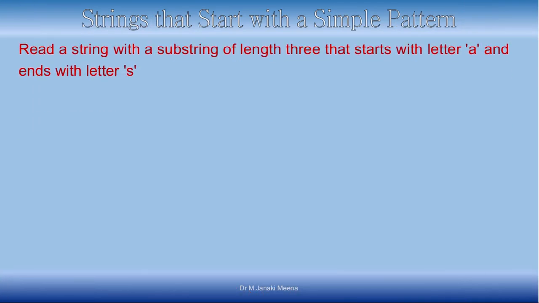Next, we are going to see how to test that. We have to start with a simple pattern. I want to read a string with a substring of length 3 that starts with the letter A and ends with the letter S. To make it clear, I will say once again: there is a string, and it starts with a substring of length 3.